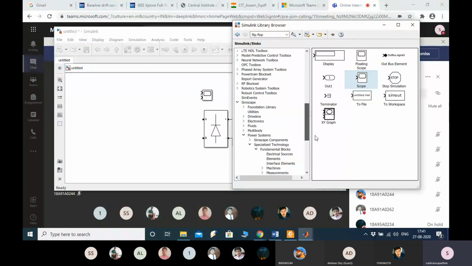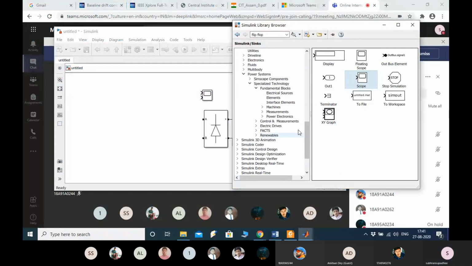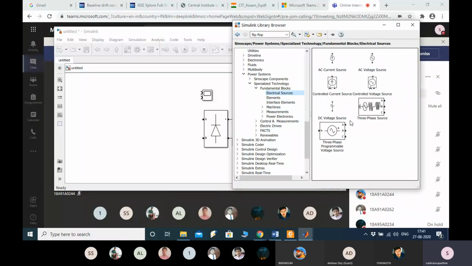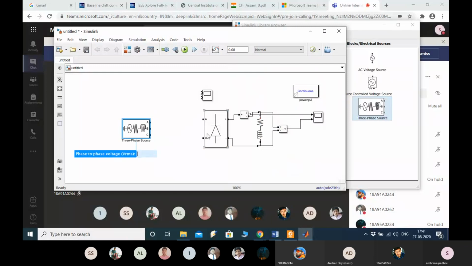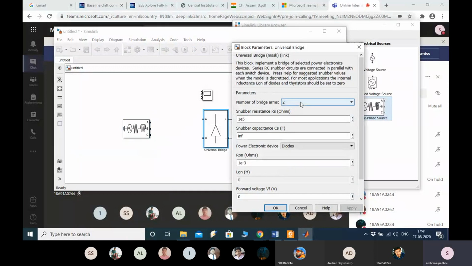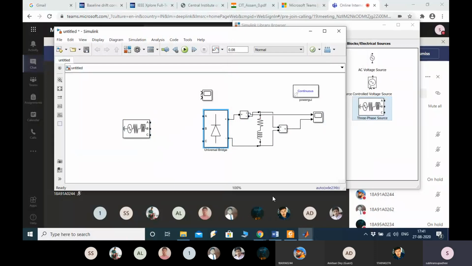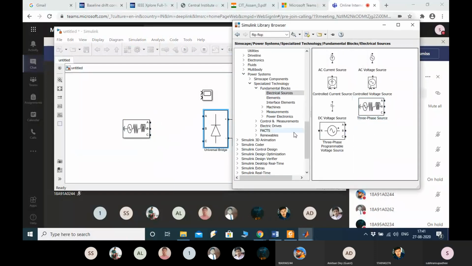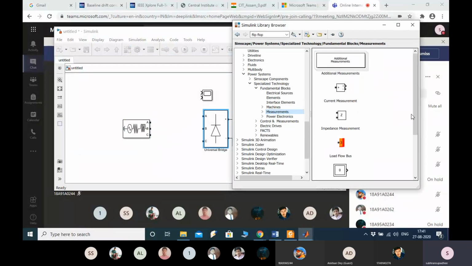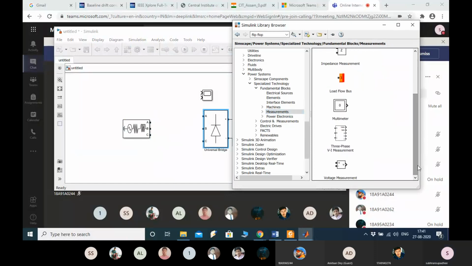Go to Simscape, Electrical, Sources, Three phase source, and make it three. It is as simple as connection, but in between we need a measurement block.